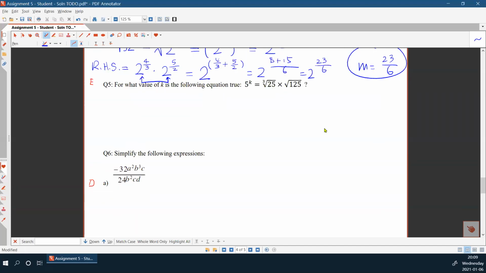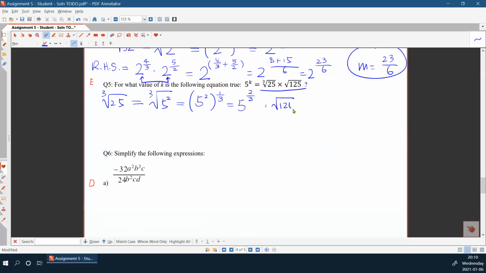Okay, let's see the next one. Actually, next one, the methods are the same, okay? So if we can convert this one to 5 to some sort of power, then k equals that number, right? Okay, let's see the first one. Cube root of 25 is actually cube root of 5 to the 2nd power, which is 5 to the 2nd power to 1 over 3, right? Which is 5 to this power, right?